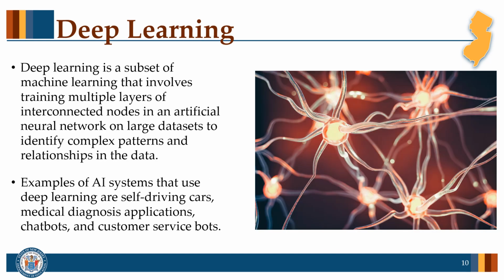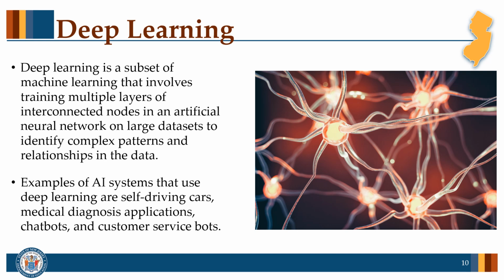The next term we'll review is deep learning, which is a type of machine learning that involves training artificial neural network algorithms to make predictions or decisions based on data in real time. Deep learning algorithms are neural networks that are modeled after the human brain. For example, a human brain contains millions of interconnected neurons that work together to learn and process information.